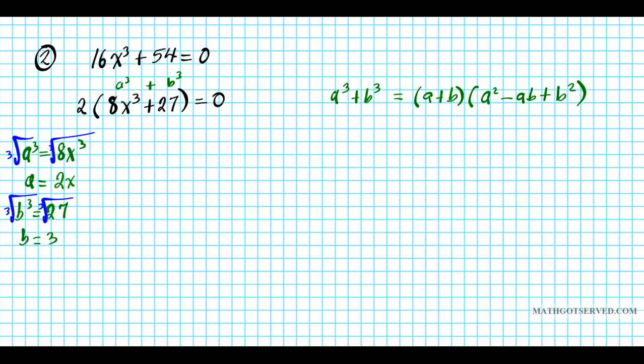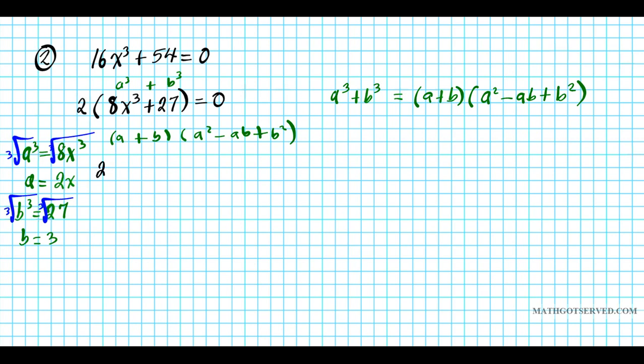Now we're going to write down the formula. This is the left side, so the factored form is a plus b times a squared minus ab plus b squared. Let's not forget the 2 that we factored out.